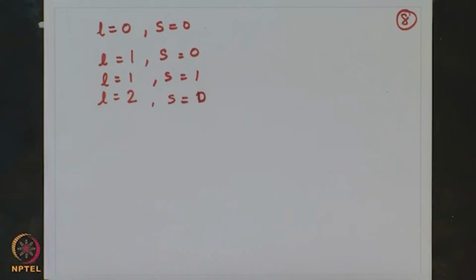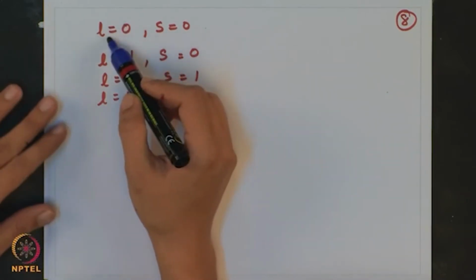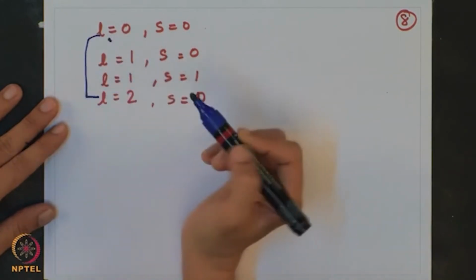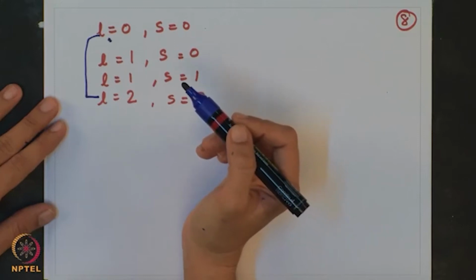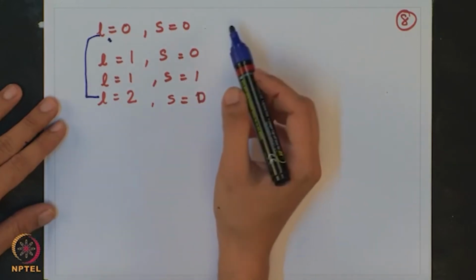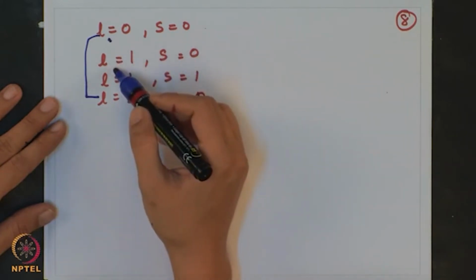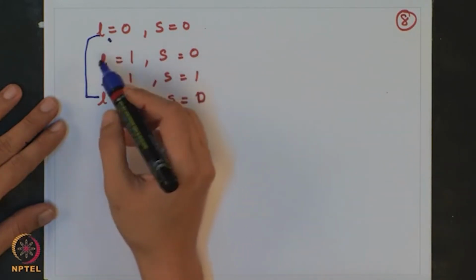Okay. So, out of these combinations, L is equal to 0 and L is equal to 2 are symmetric combinations, and when L is equal to 1, it is an antisymmetric combination.